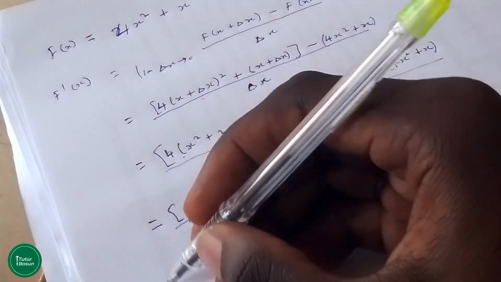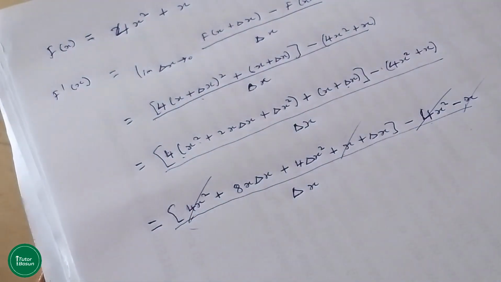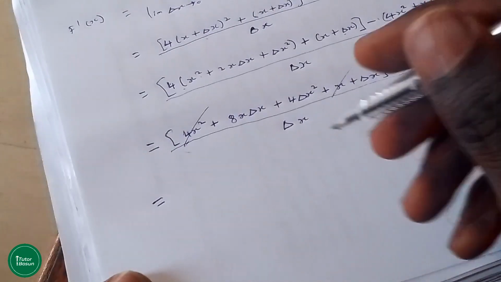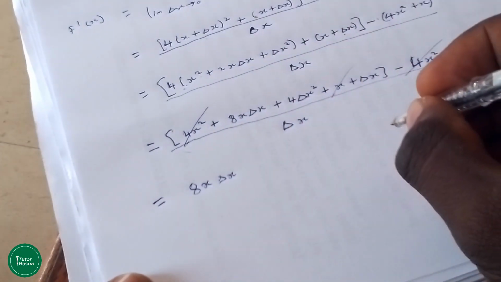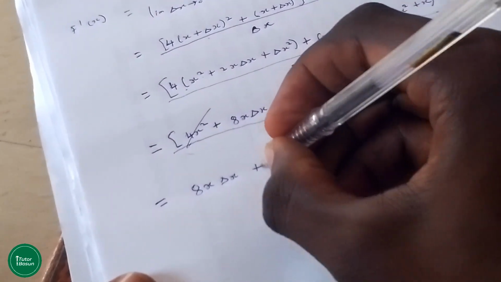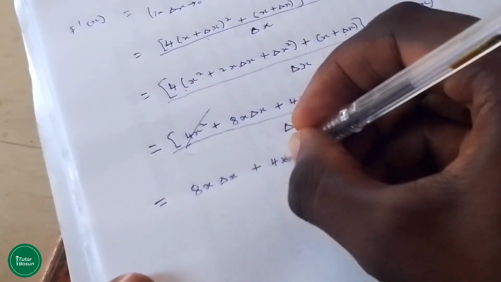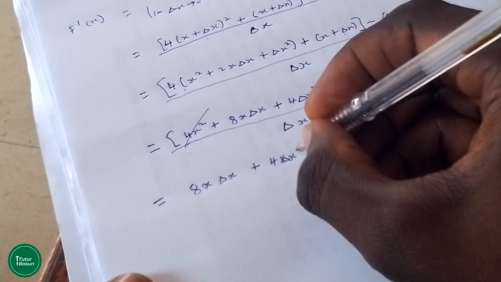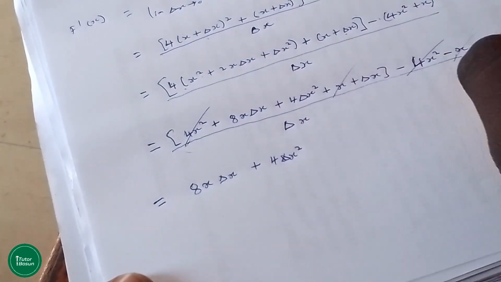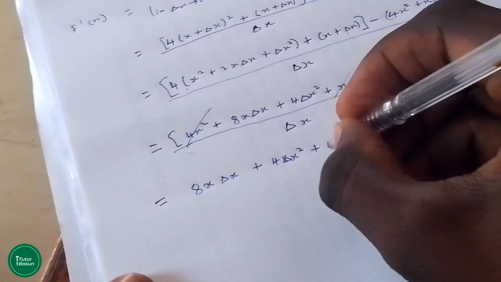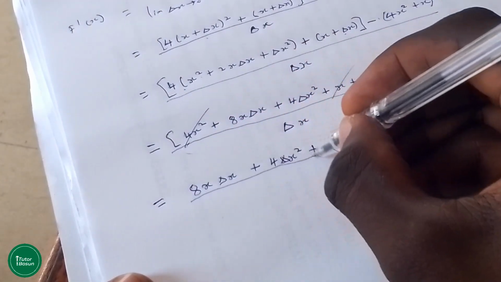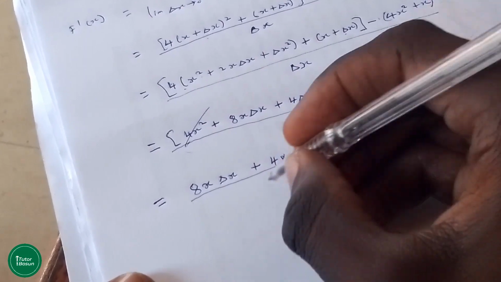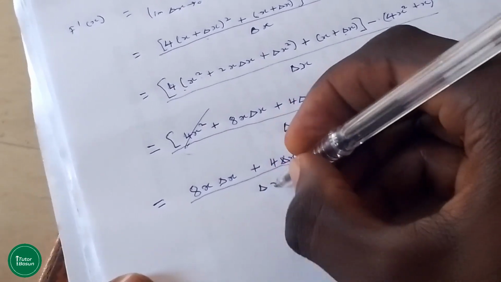And we are left with 8x delta x plus 4 delta x squared plus delta x, all over delta x.